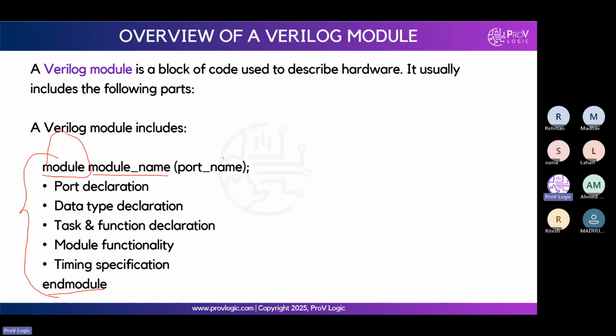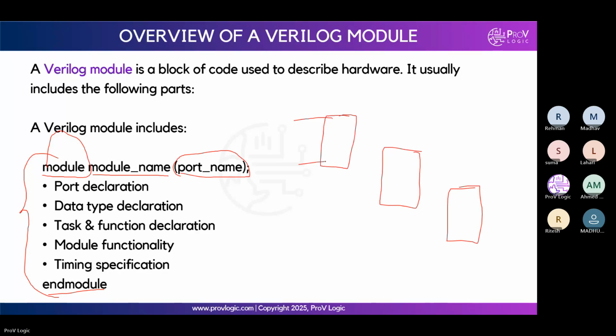Next, the port list. Port list in the sense, in every design there will be input ports and output ports. Suppose there is a hierarchical multiplexer. Hierarchical multiplexer means there will be one multiplexer here, one here, and another multiplexer here.